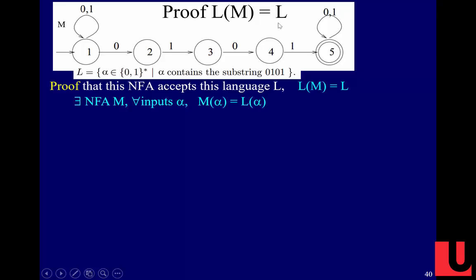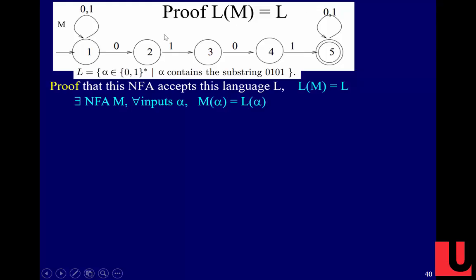L of M is the language that this machine accepts, i.e., the set of strings. A string is in this set if there exists a path to the accept state. So what are we trying to prove here?